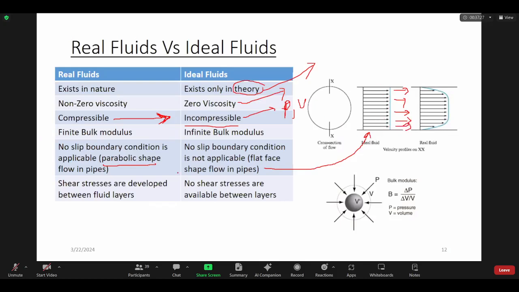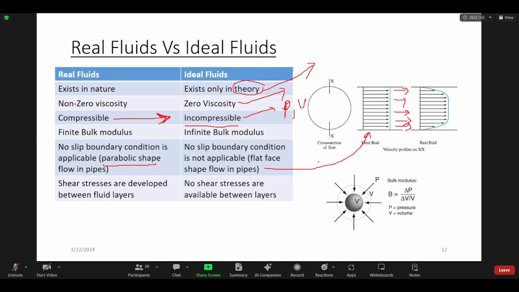So shear stresses develop between fluid layers in a real fluid, but there are no shear stresses between ideal fluid layers. So these are the differences between real fluid and ideal fluid.